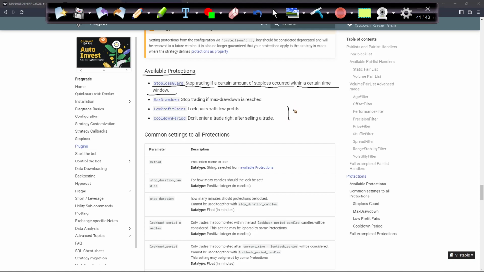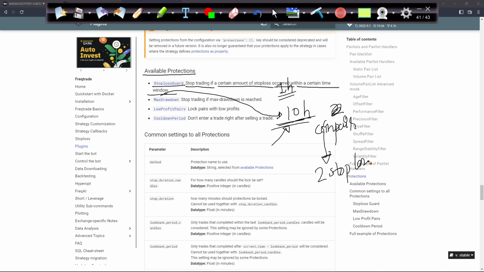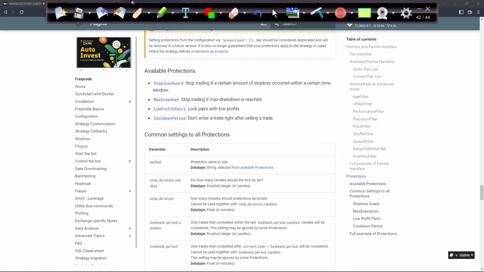Suppose we are using 1 hour trading and we go back a window of the last 10 candles, 10 hours. If a certain coin pair has hit two stop losses, we would stop that coin pair from trading. Okay, that is quite important.